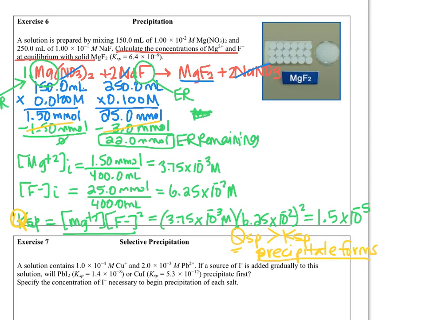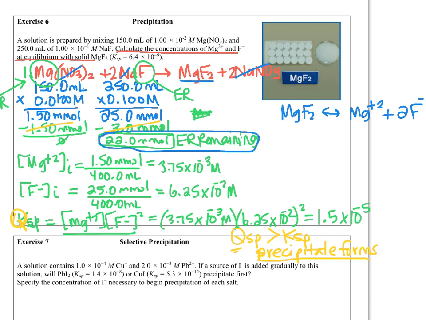That's why it was important that I thought about the limiting reactant up there and what was going to run out. So when I go back to it, I've got MgF2, and that's going to dissociate into magnesium plus 2 and 2 fluorine ions. After the shift happens, I now have all of this excess remaining.